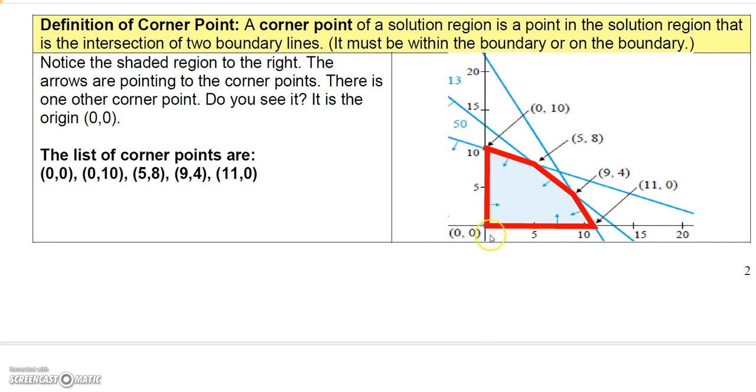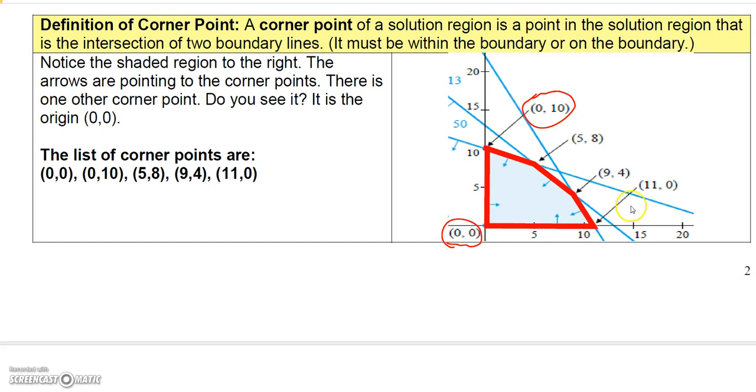So notice that the corner point 0, 0 is a corner point, because 0, 0 is the intersection of the y-axis and the x-axis. Now this point is the point 0, 10. 0, 10 is a corner point because it is the intersection of this line with the y-axis.